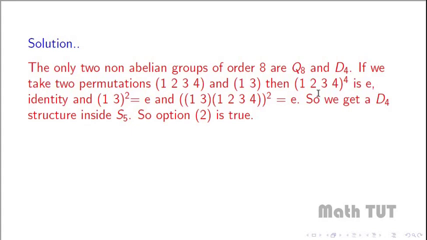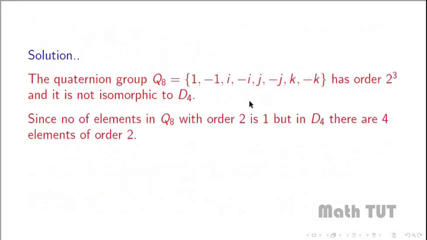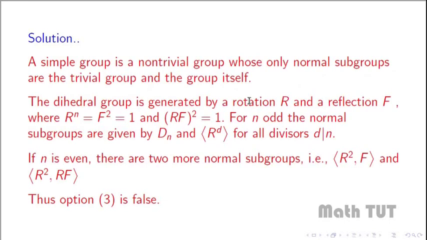So what I've done here is simply I've taken an element of order 4 and an element of order 2, satisfying this condition also. If I could get such elements, I can confirm that there is a D4 structure inside any group. But the second condition is, in the previous problem, if you remember, we gave you the representation there.